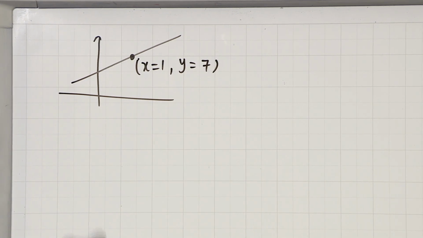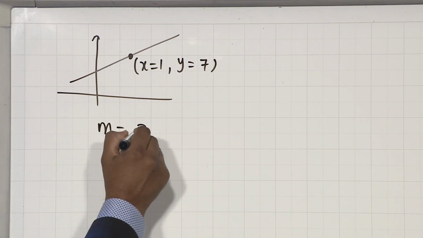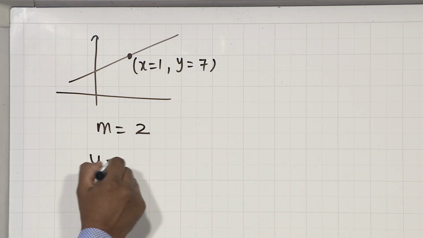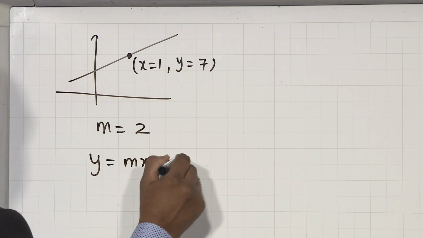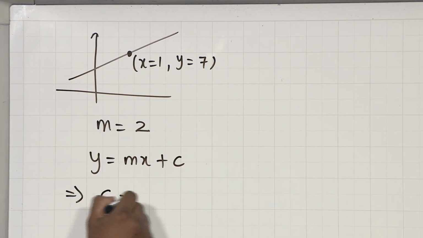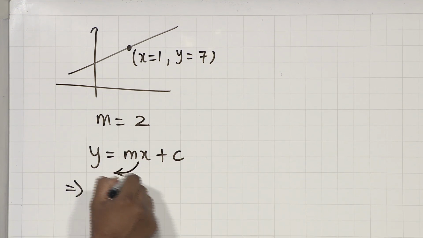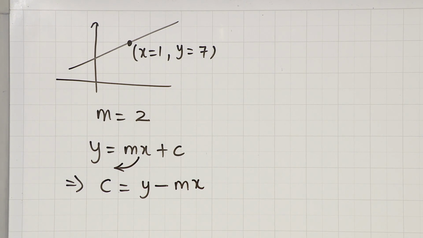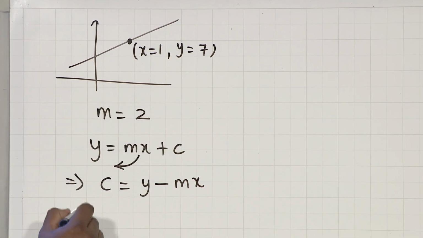We found the gradient. The gradient is 2. So y is equal to mx plus c. We have to find c. What is c? If I transfer this term to the other side, c is y minus mx. So to find c, I'm going to take a point on the line.